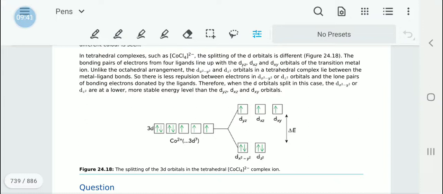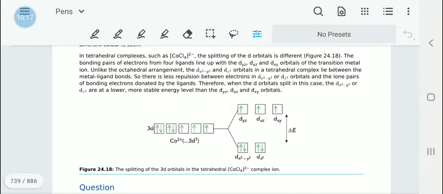Unlike the octahedral arrangement, in the tetrahedral complex, the dx2-y2 and dz2 are going to lie between the lone pairs, that is, the metal-ligand dative bonds.